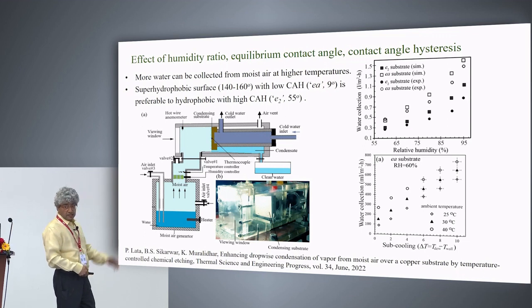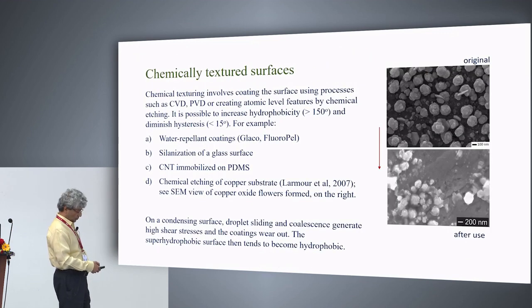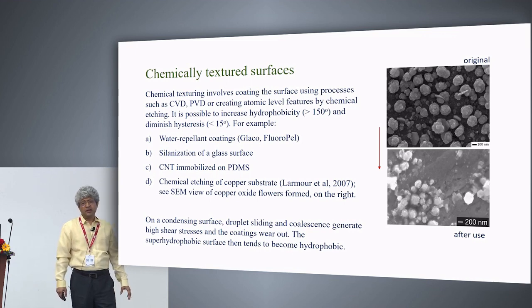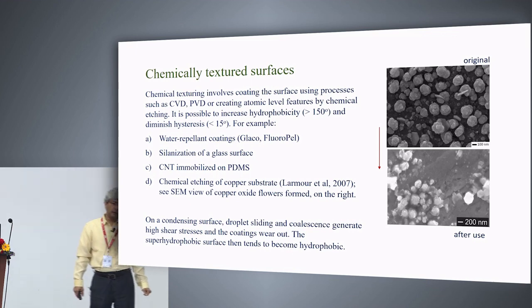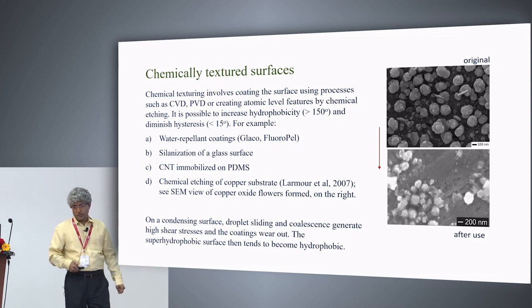So under these conditions, you will have liquid drops formed on the condensing surface. So traditionally, this super hydrophobic texturing is generated by various types of coatings, but coatings tend to be short-lived.